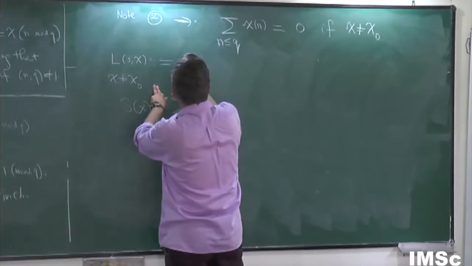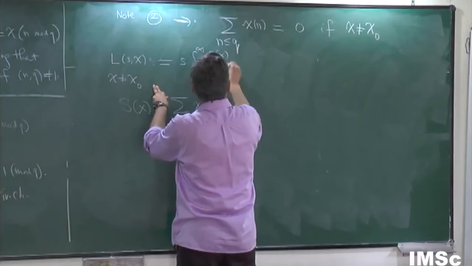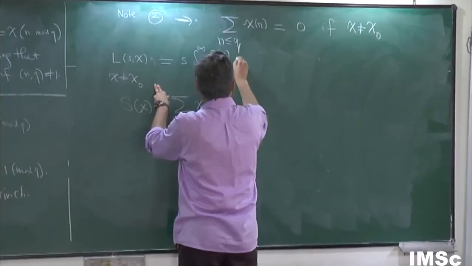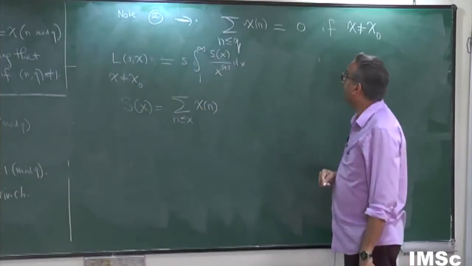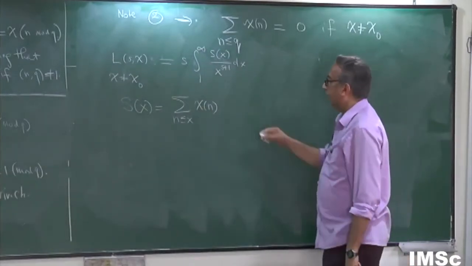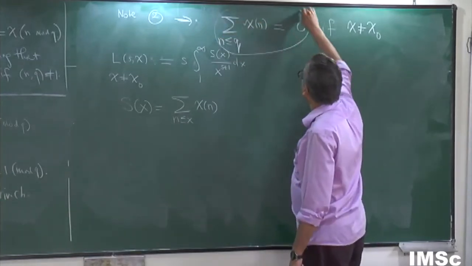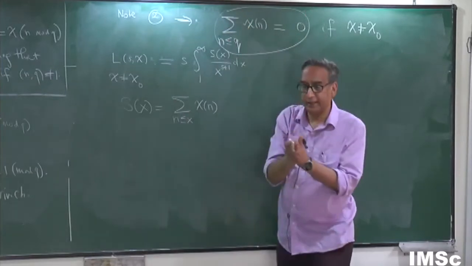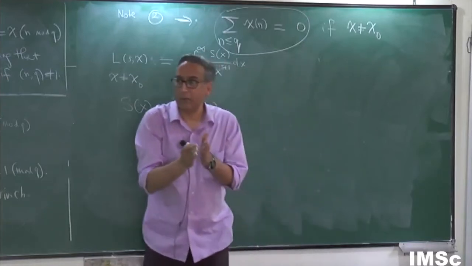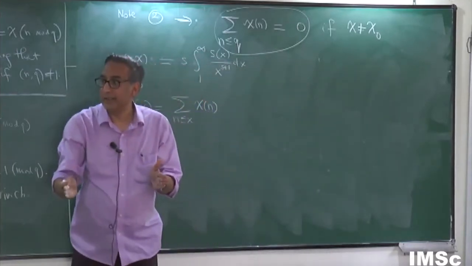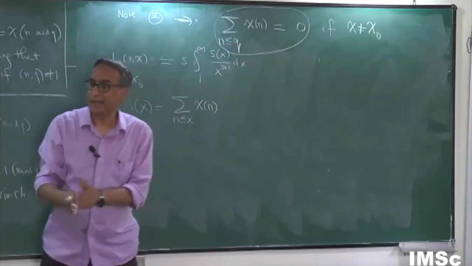Then this thing becomes s times the integral from 1 to infinity, S of x over x to the s plus 1 dx. Okay? Now, this property here is telling us that every time you hit a complete interval of length q, it's 0. The next interval from q plus 1 to 2q is again a full set of residue classes mod q. It's again 0. Next interval is again 0.